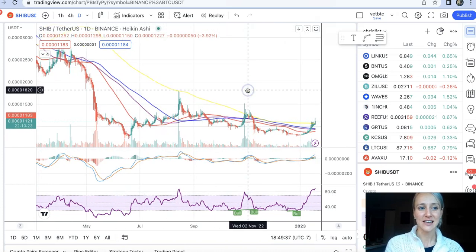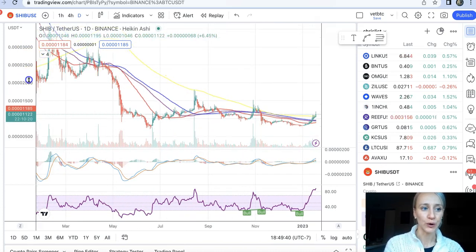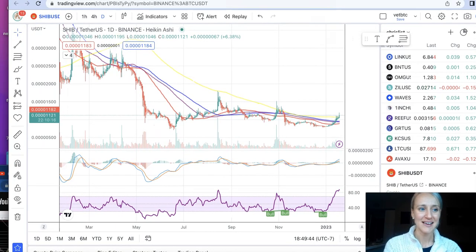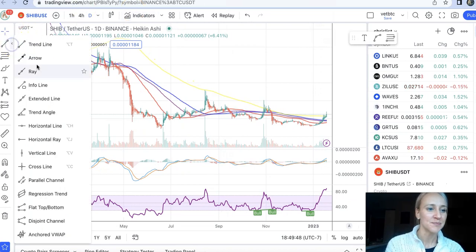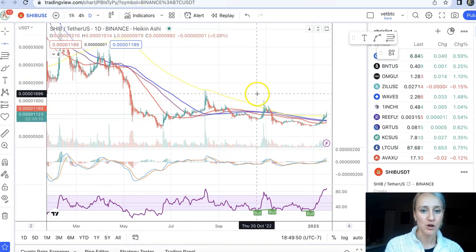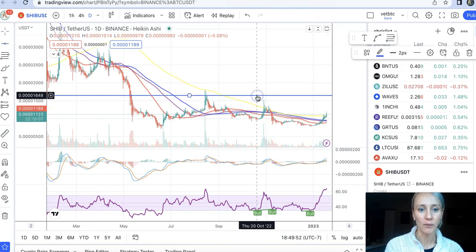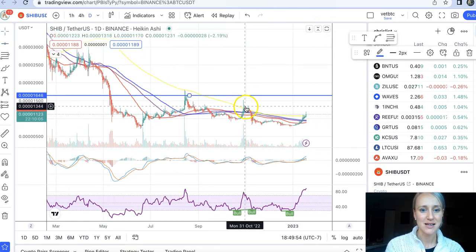And this is on the daily chart, but you can go back through and look for potential past movements, which will help to determine potential levels. So like this was a past level, right, of resistance.